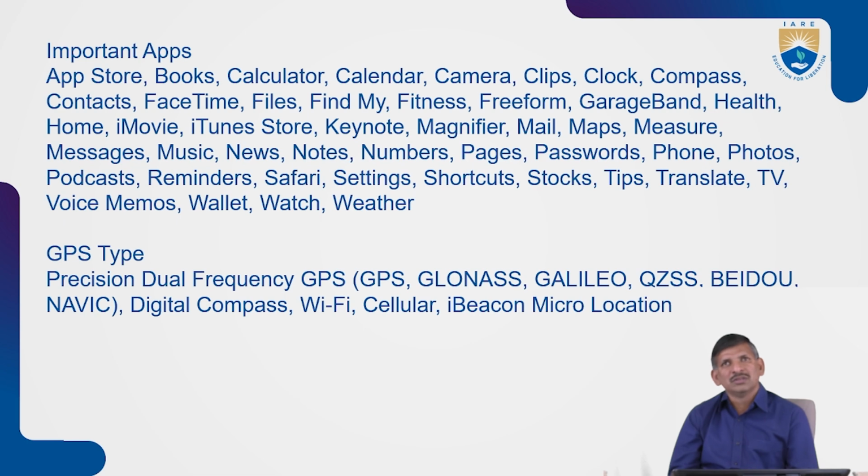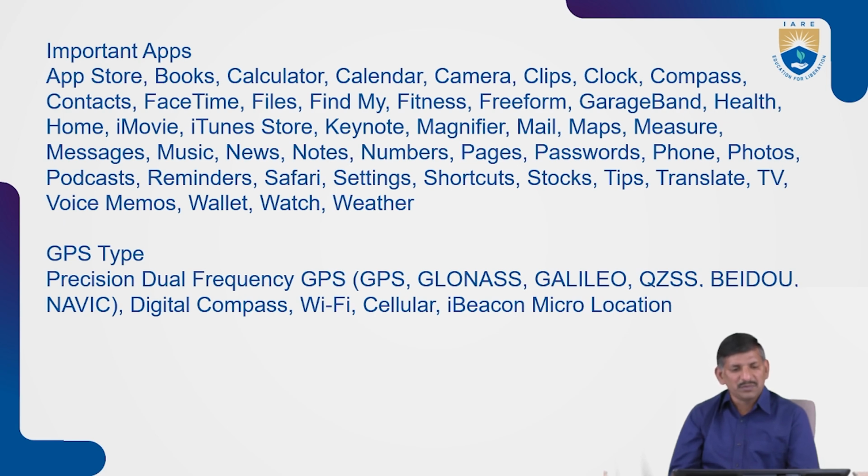Photos, phone, podcasts, reminders, Safari, settings, shortcuts, stocks, translate, TV, voice memos, wallet, watch, weather. All these are the various apps. Suppose if you want to listen to the classes, we require Zoom app or Google Meet app. If you want to play the slides, we require Google PPT or Google Docs, like that apps.